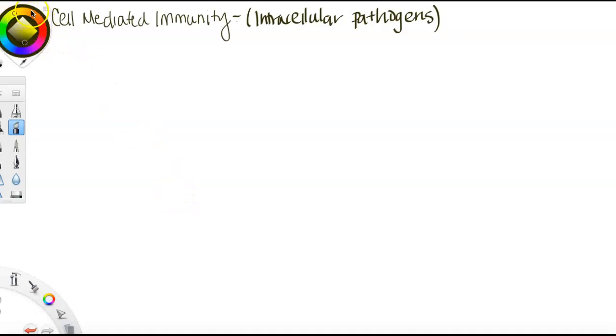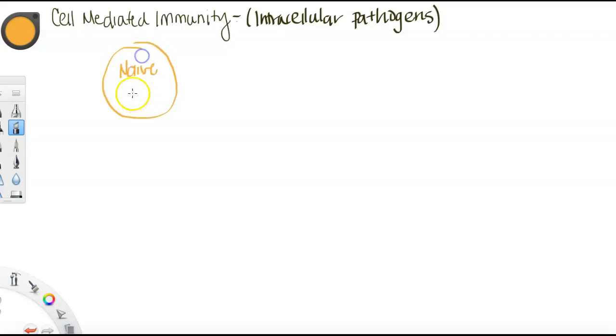So we have the naive T cell. And the naive T cell, of course, has its T cell receptors. All good.